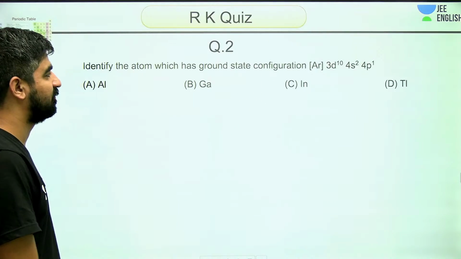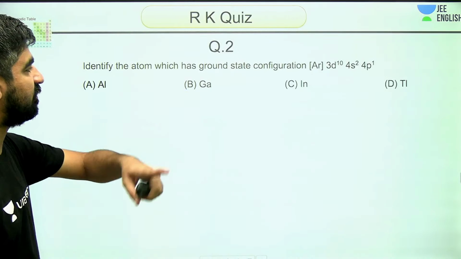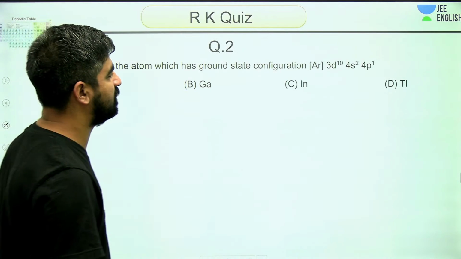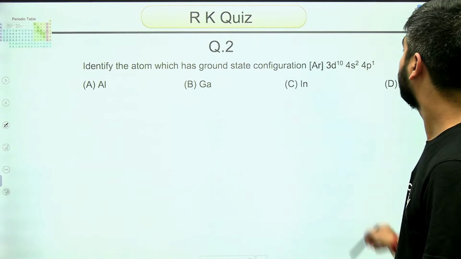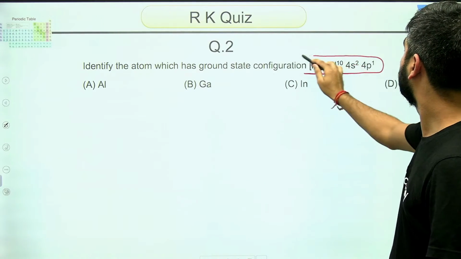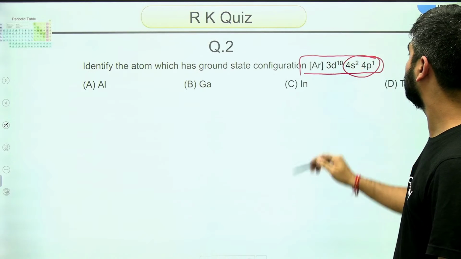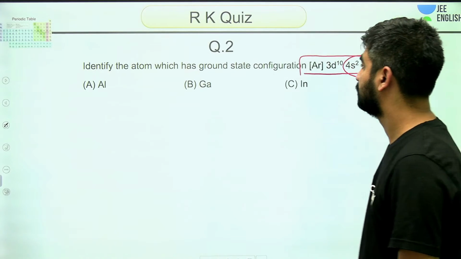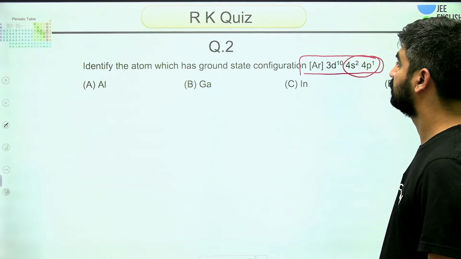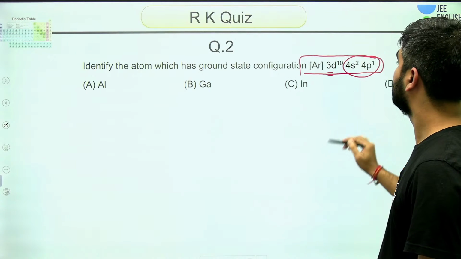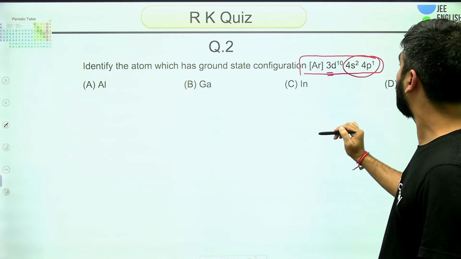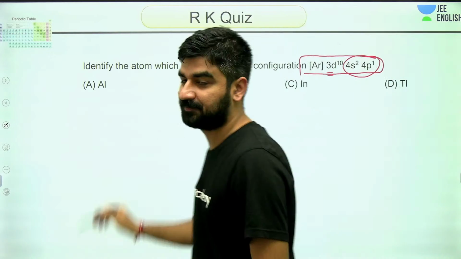Got it, guys? So identify which of the following is the ground state configuration of argon. So 4s2 4p1. So it would be Ga.